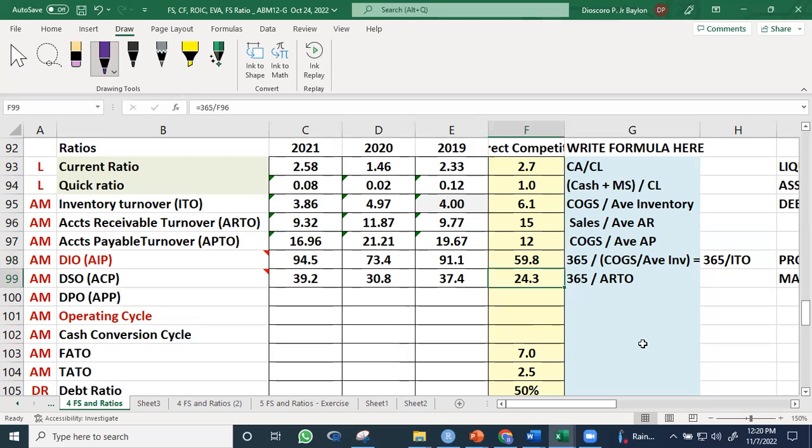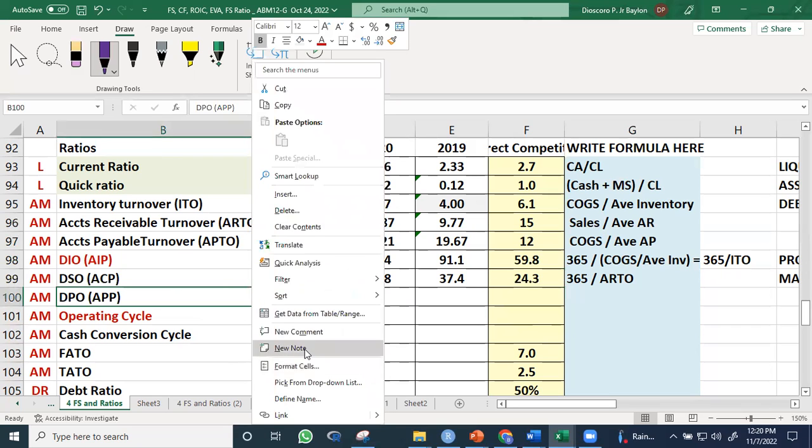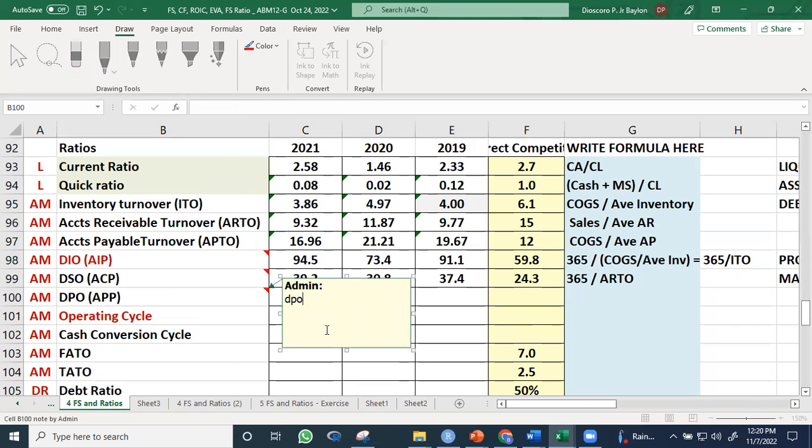All right? And the same thing with DPO, although the interpretation is the opposite. As you know, guys, DPO equals days payable outstanding. I always just say OS, it means outstanding.